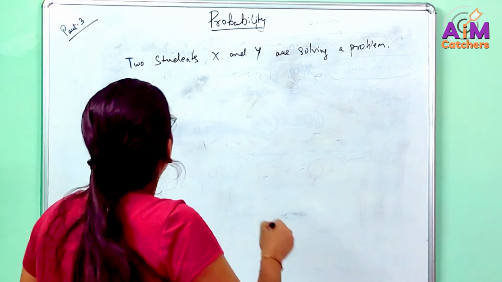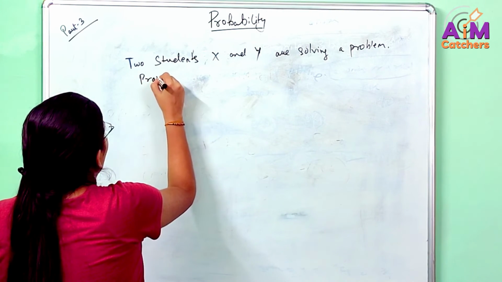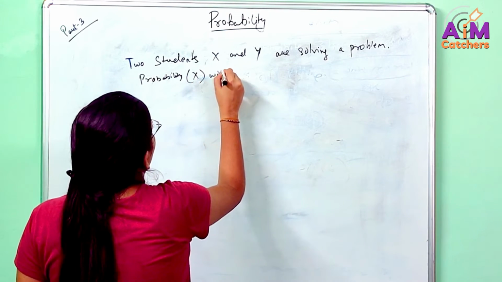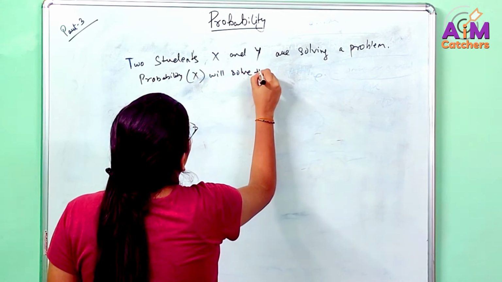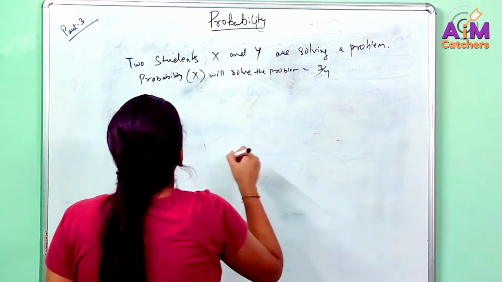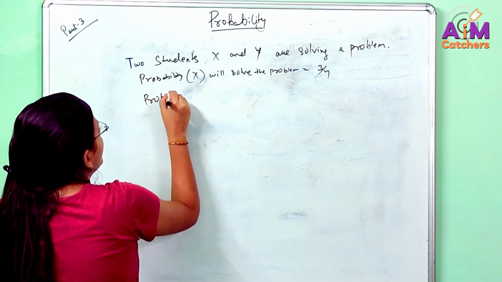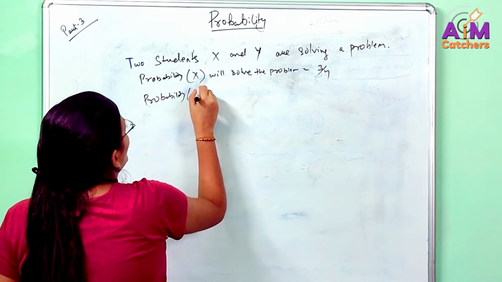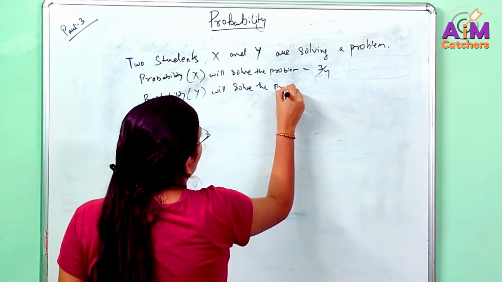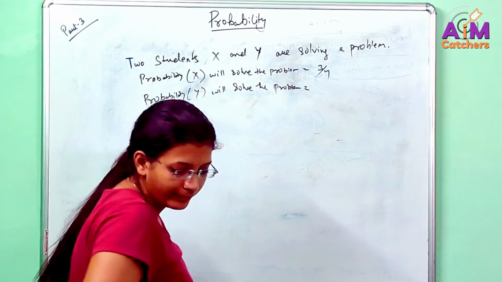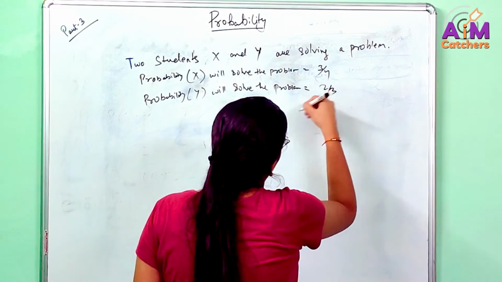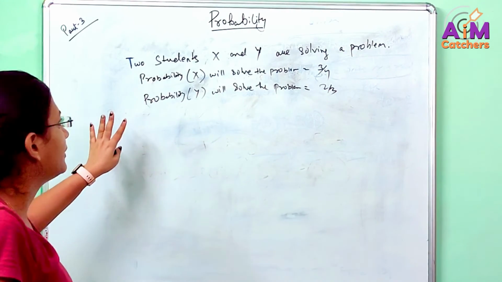The probability that X will solve the problem is 3 by 4. Probability that Y will solve the problem is 2 by 3. Okay. This is the question.